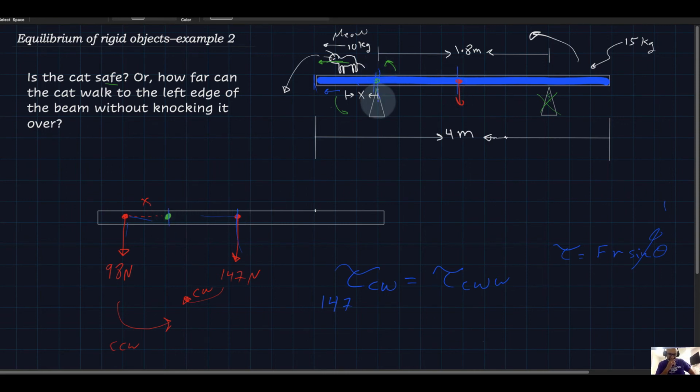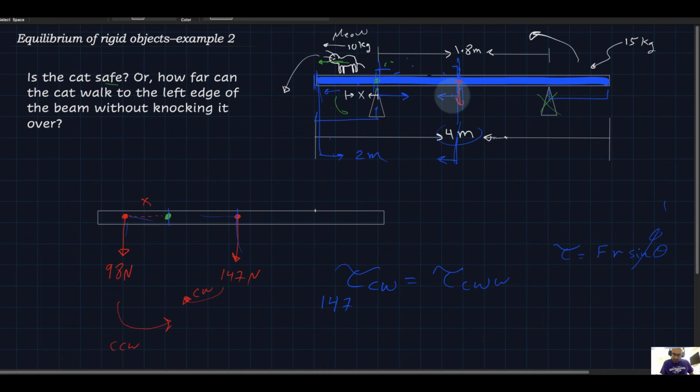How do we find this? The beam is 4 meters long, and the distance between the two fulcra is 1.8. So what's left outside here and here, we can find, because 4 minus 1.8 is 2.2, and then you have two distances, one on the right and one on the left.